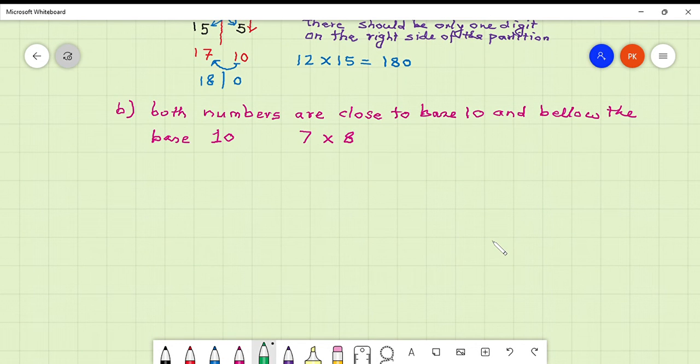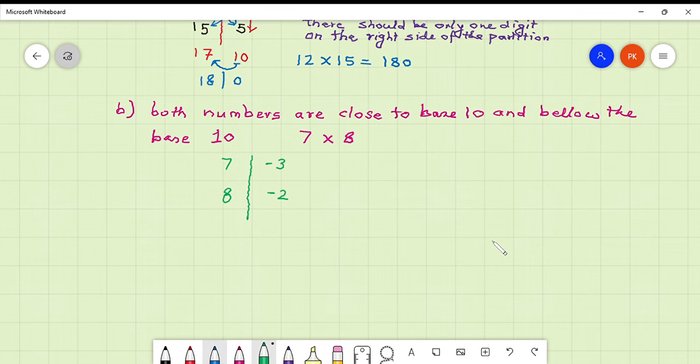So make a partition, write 7 here, 8 here on the left of the partition, and now since both the numbers are below the base, that means they are deficient. So 7 is how much deficient from the base? Minus 3. 10 minus 7 is 3, and 8 is minus 2.